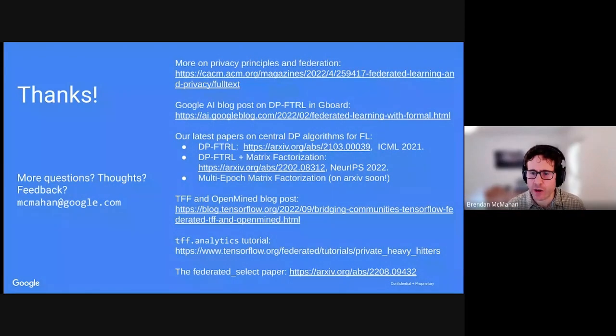Yeah, that's a great question, and I'm not sure we have a great answer yet. This is one of the reasons that I highlighted that different units of privacy might be relevant. You could consider larger units of privacy, like a whole organization or whole groups of people.